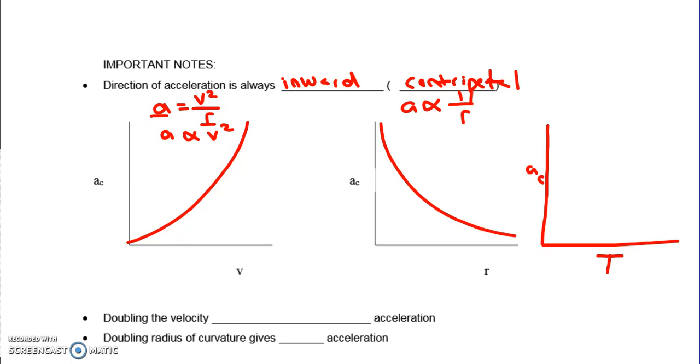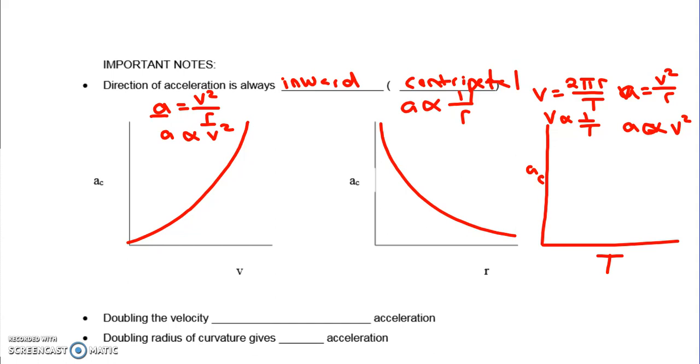And then if I want to figure out how A and T are related, I have to do 2 steps. So I know that V is equal to 2 pi R over T. So I get V is proportional to 1 over T. And then A is equal to V squared over R, so I get A is proportional to V squared.